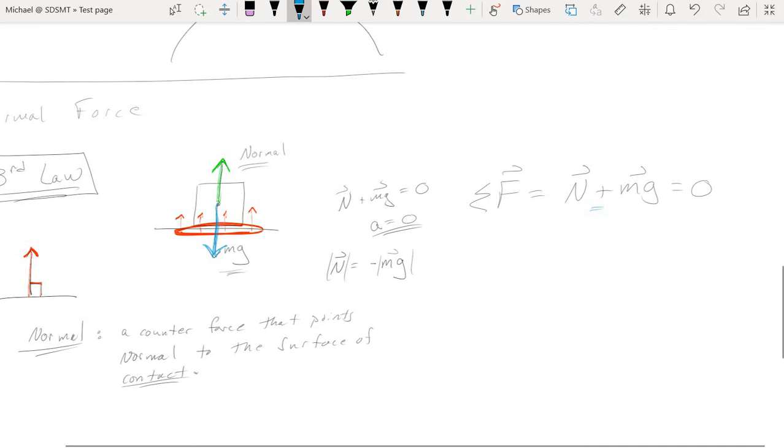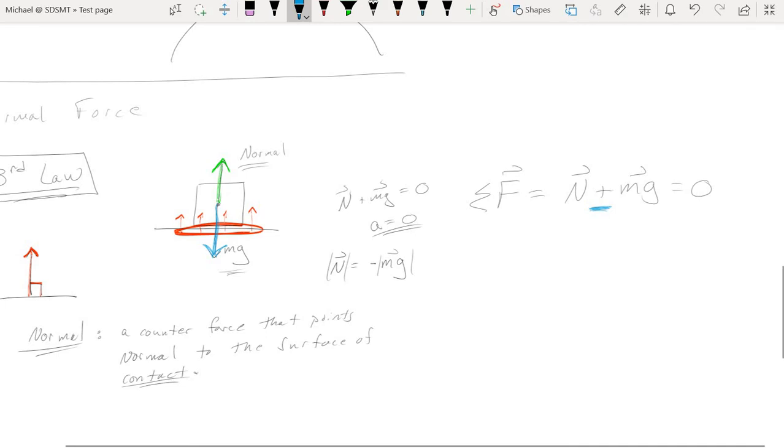Well, keep in mind that the notation that we have here for vector addition says that you would have to add vectors head to tail.